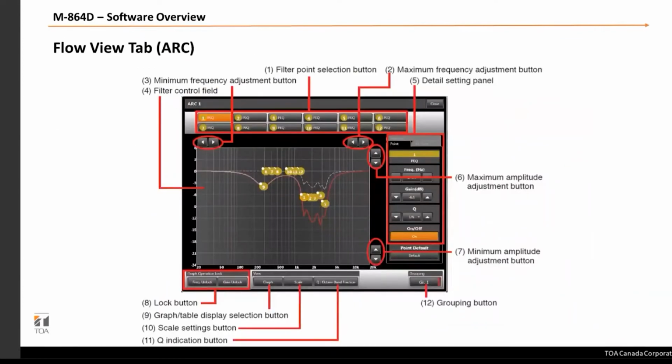Just to come back a little bit to the ARC and make sure that everybody's familiar with this function. The auto resonance control basically is an automatic feature in order to set up automatically the DSP. So basically what you're going to do is you're going to set up a microphone in a room that you want to equalize.